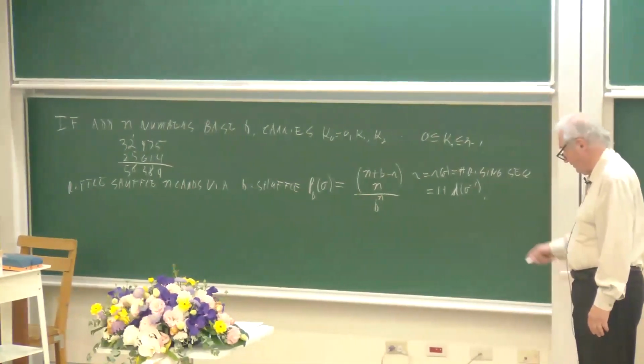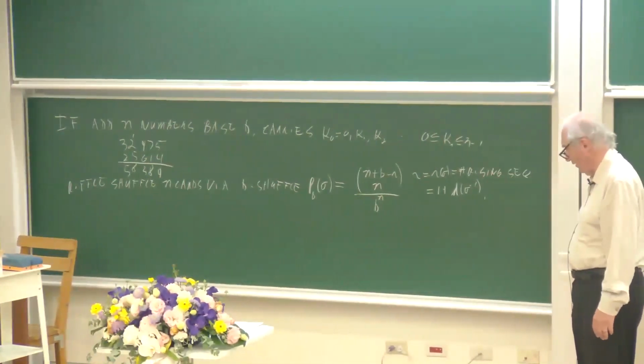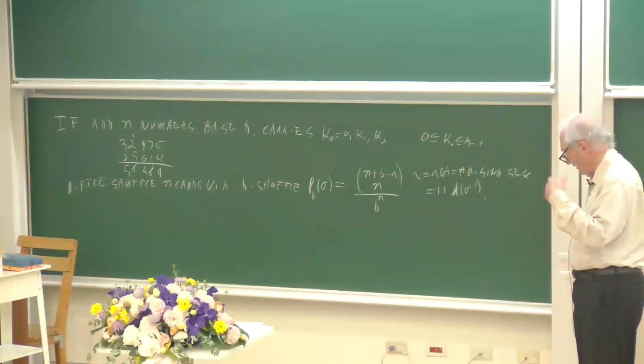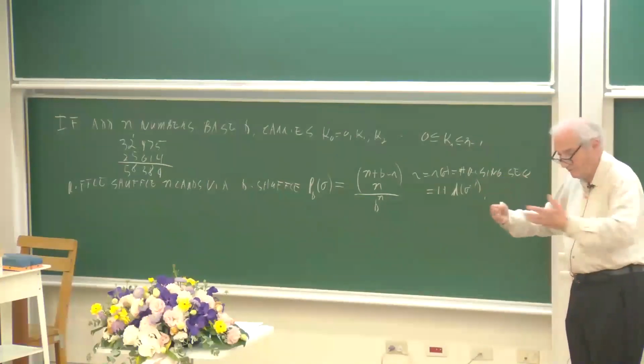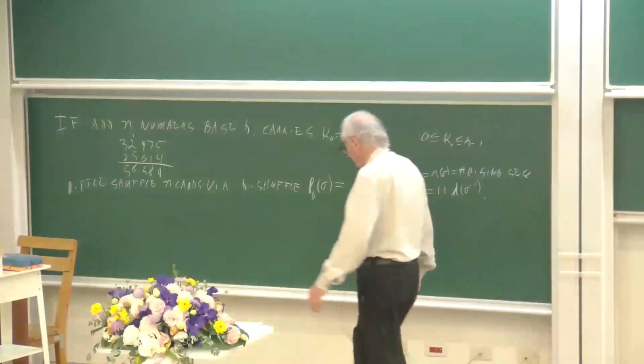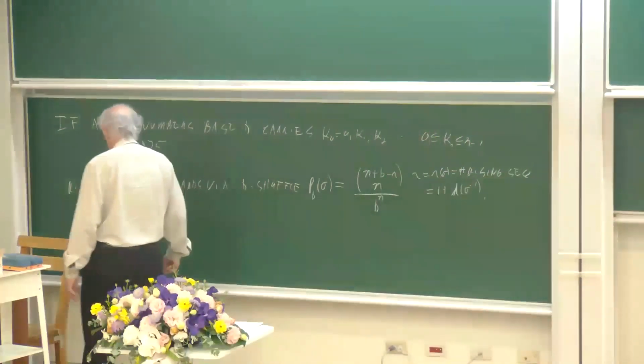And so there was a formula for this, and you could B shuffle once and B shuffle twice, and keep going.